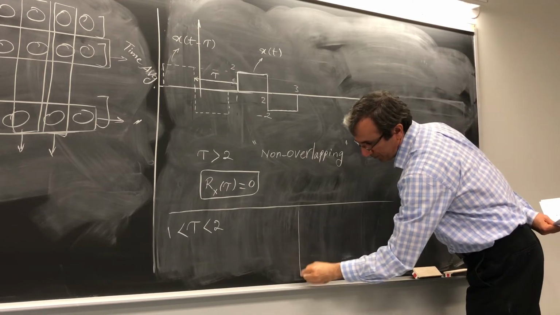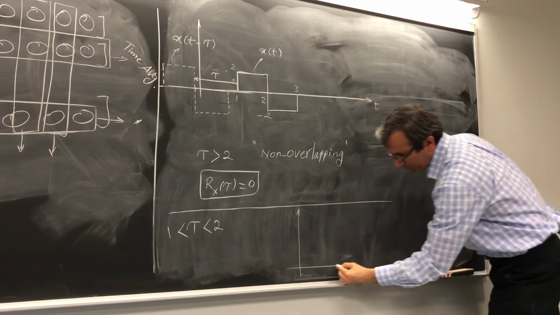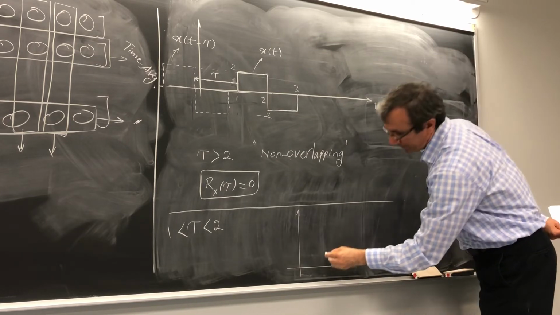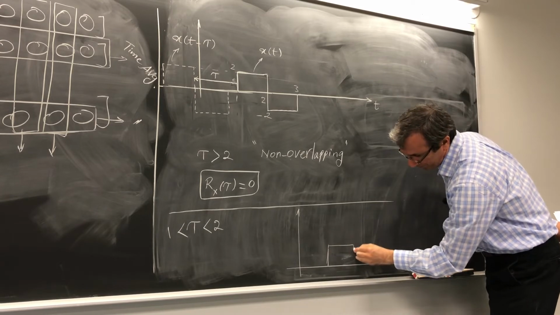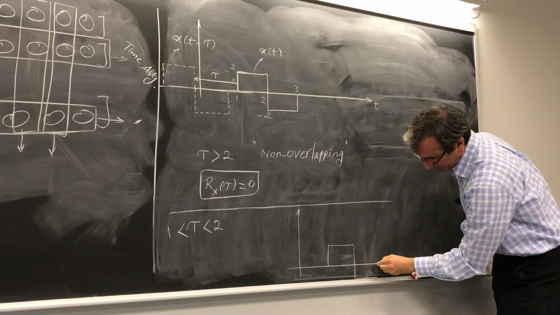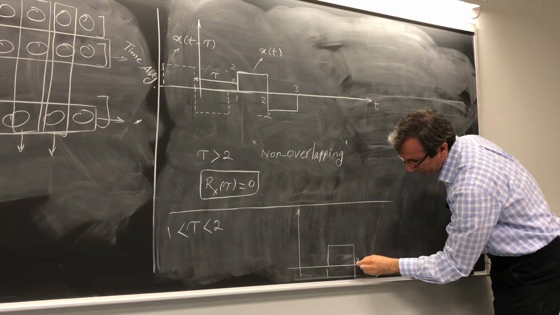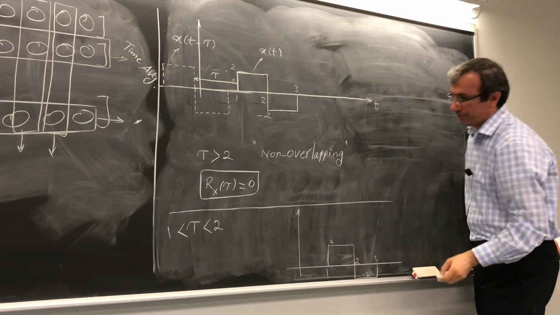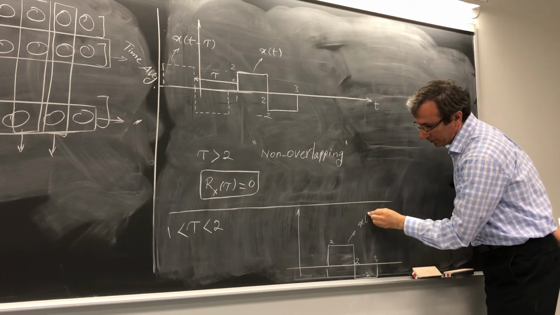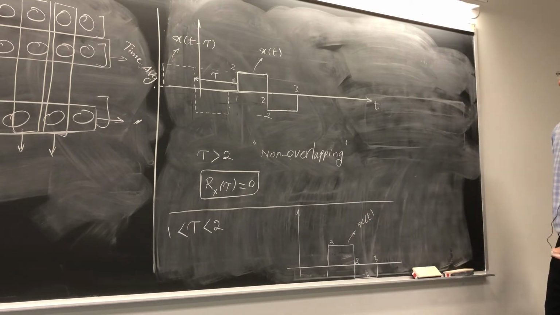For this case, this is 1, 2, 3, 2, negative 2, x of t.